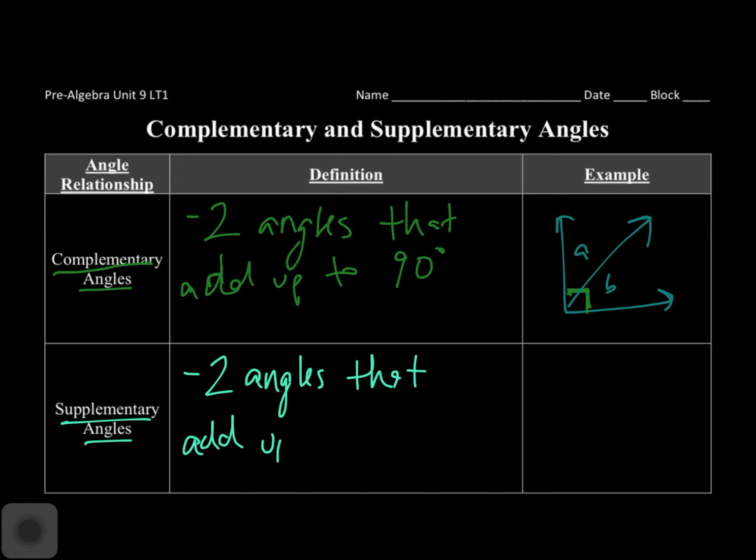The second definition that we need to go over is very, very similar to complementary. It's supplementary angles. With supplementary, we're talking about two angles that add up to 180 degrees this time.